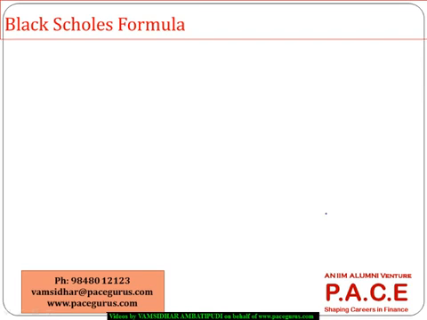Using this, we can go ahead and find the price of a European call option, or the price of a European put option. Just giving the formulas for the same, the price of a European call option goes like this: whatever is the spot price, adjust it with the present value of the dividend.